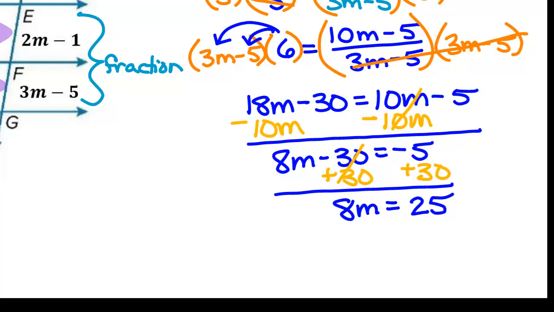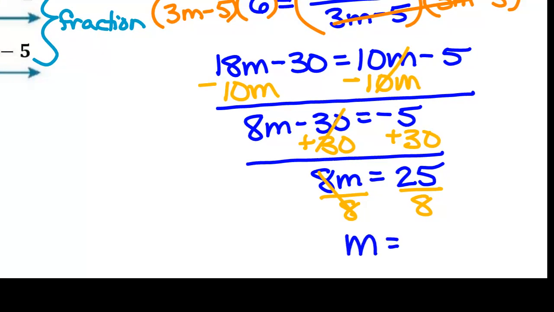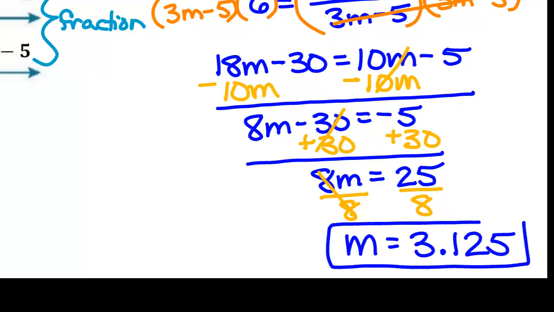So 8m equals 25. Divide both sides by 8. And I get m equals 3.125. Very nicely done.